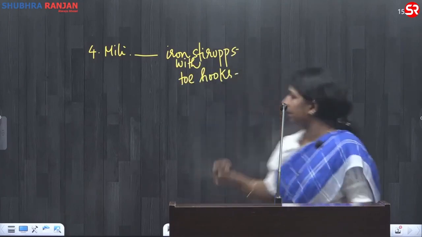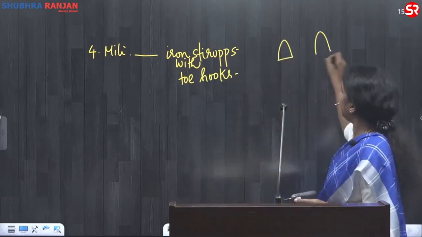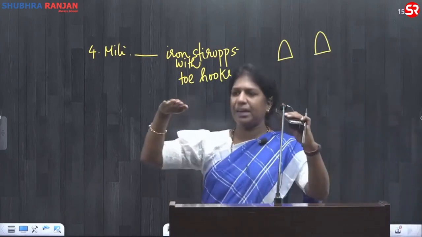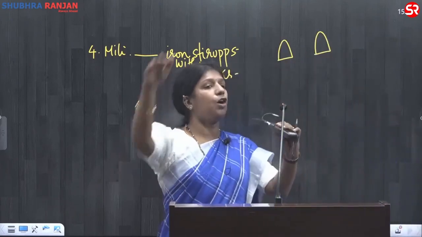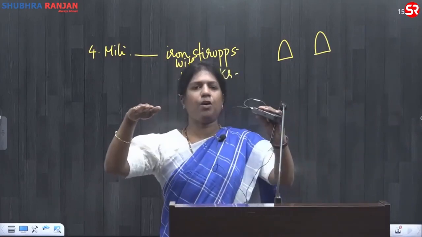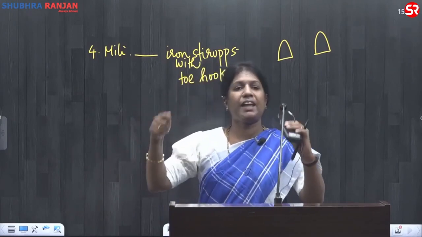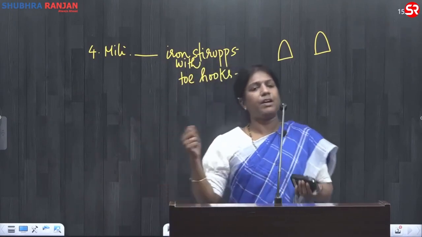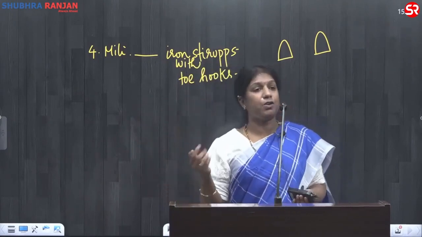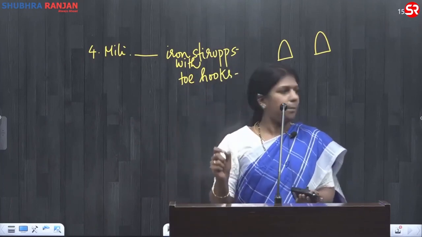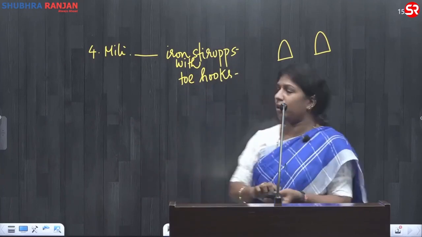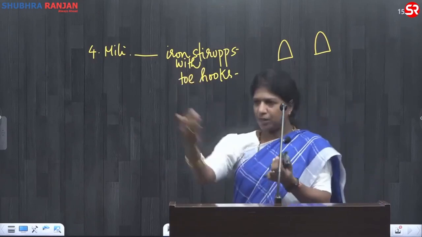So what is a stirrup? A stirrup is a kind of like a saddle support. It's just like you put your feet and you climb the horse. So that when you climb a horse, automatically these stirrups will give you what? An advancement, a good edge in warfare. But when you look at the Greeks, the Indo-Greeks introduced metal stirrups. Already we had metal stirrups. Now what stirrups are coming? Iron stirrups are coming.